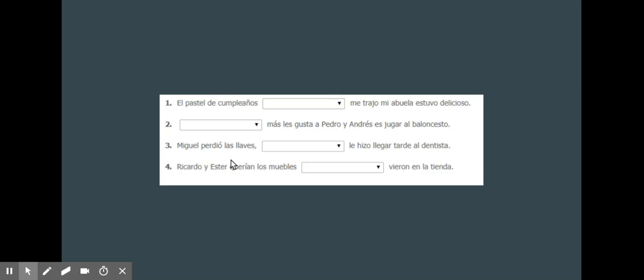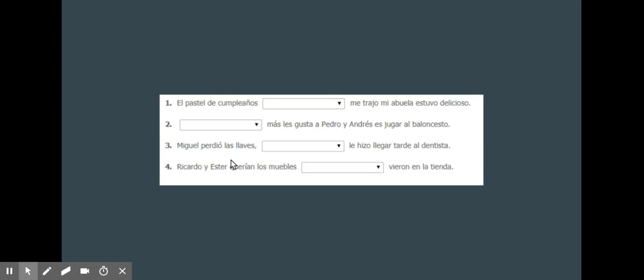Since we're talking about a birthday cake, we know it's an object here, so it is que. Number 2, what Pedro and Andres like the most is to play basketball. The word what is a relative pronoun in this case. Since we're talking about an idea or a concept, not a concrete thing, it would be lo que.